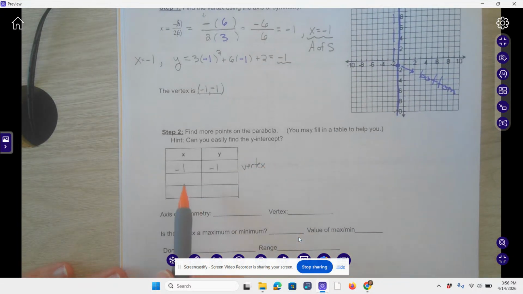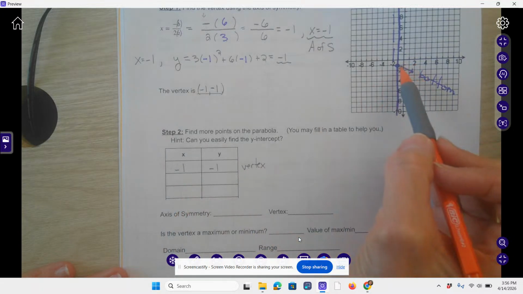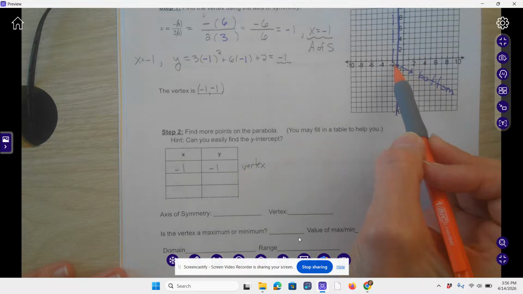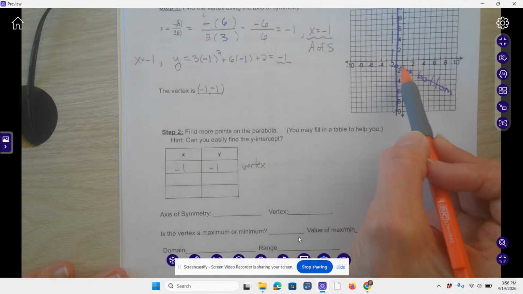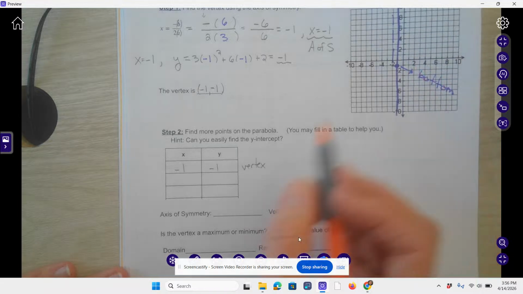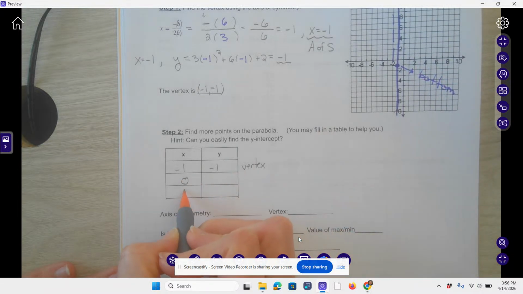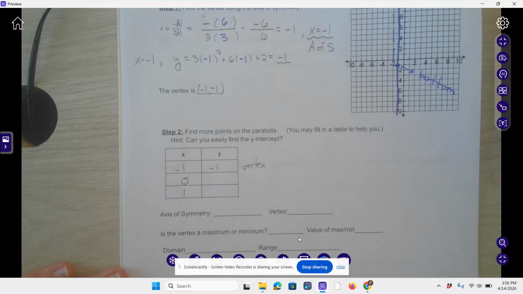We want 2 other x values that are right next to our vertex. So this is -1, so we could pick -2 and -3, or we could pick 0 and 1. I honestly would pick 0 and 1 because those are very easy numbers to plug into the calculator. We don't have to worry about a negative.